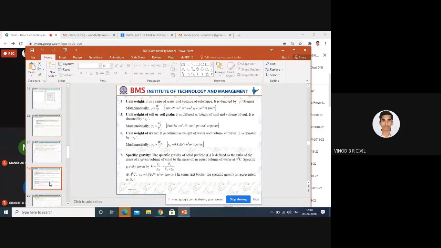Unit weight. In your BMT lab and some other laboratories, you have already calculated the unit weight of different materials. Here unit weight is denoted by gamma. Gamma equals weight of material divided by volume of material. The units are kilonewton per meter cube, Newton per mm cube, or gram per cc, or gram per centimeter cube. These are the usual units for unit weight.